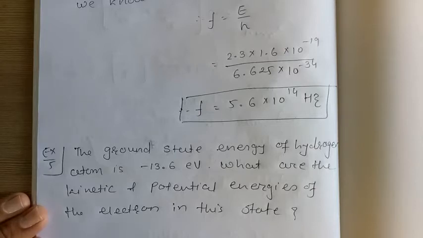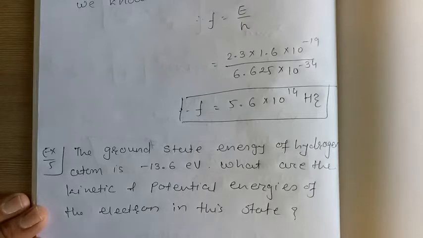We know that kinetic energy K is equal to minus of total energy, so K is equal to minus E, and the potential energy U is equal to minus 2K. Right.